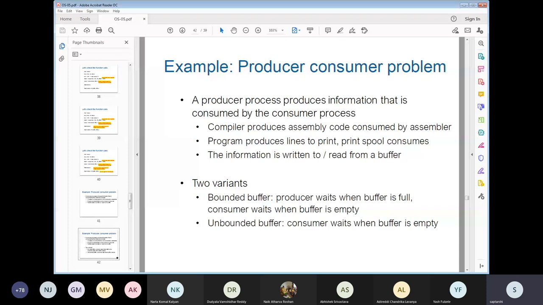Quick question here. Have you studied anything in networks till now which reminds you of something similar to this?